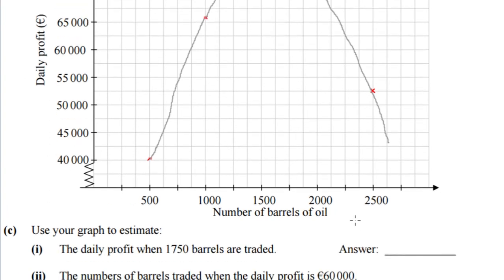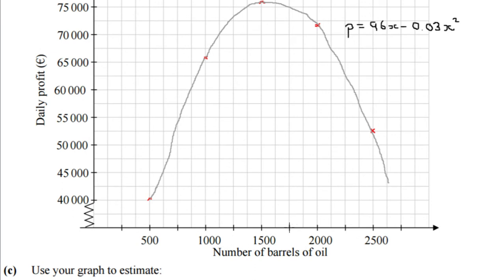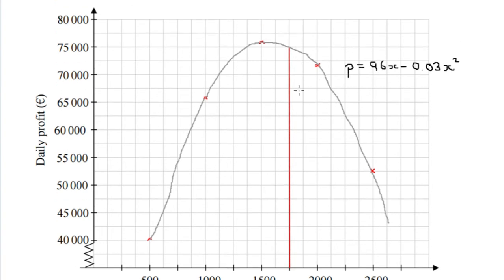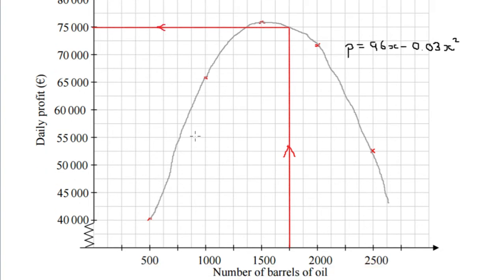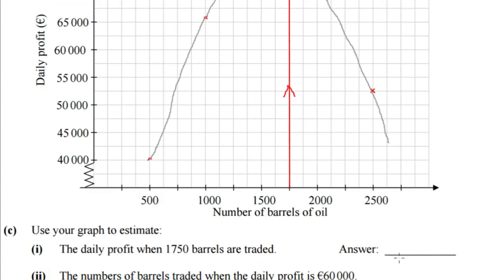Well, 1750 is exactly halfway between 1500 and 2000. So you're going to just get a ruler now and draw a smooth line up, hit your curve. So we'll go in this direction here and then come across. So it looks like the daily profit is going to there be 75,000. So that's going to be my answer there.